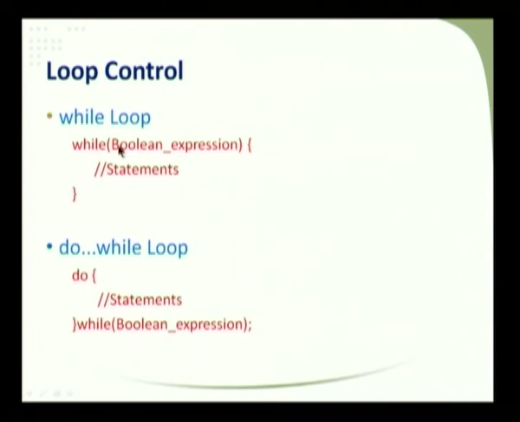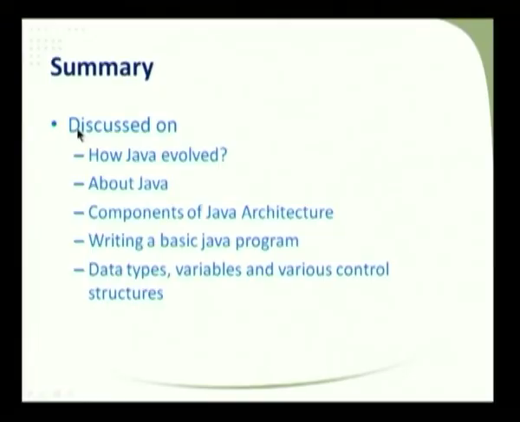Whereas in case of while, for the first execution the while condition is checked and only then the statements get executed. So you will surely have one execution in case of do while, whereas in case of while you will have execution only when your Boolean expression becomes true. We will continue with other control structures such as the for loop and decision making in the next session.